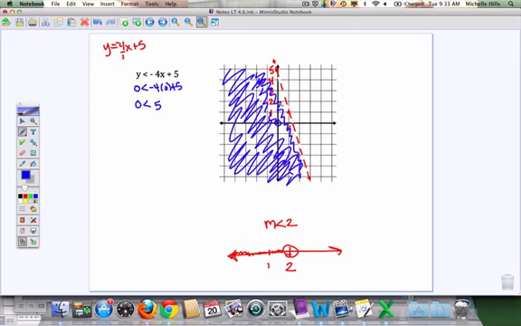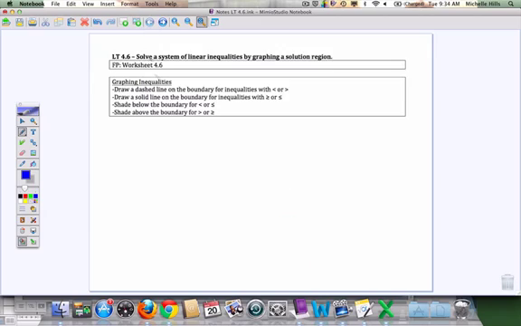Now, make sure you're shading up to the line and not just to the axis. When lines are in slope-intercept form the way they are in this case, less than means you shade below, not to the left, but below the line, and greater than you shade above the line, which is what Mr. Zittegren put in the notes back here. I really want to caution you, though, that does not work if a line is in standard form.